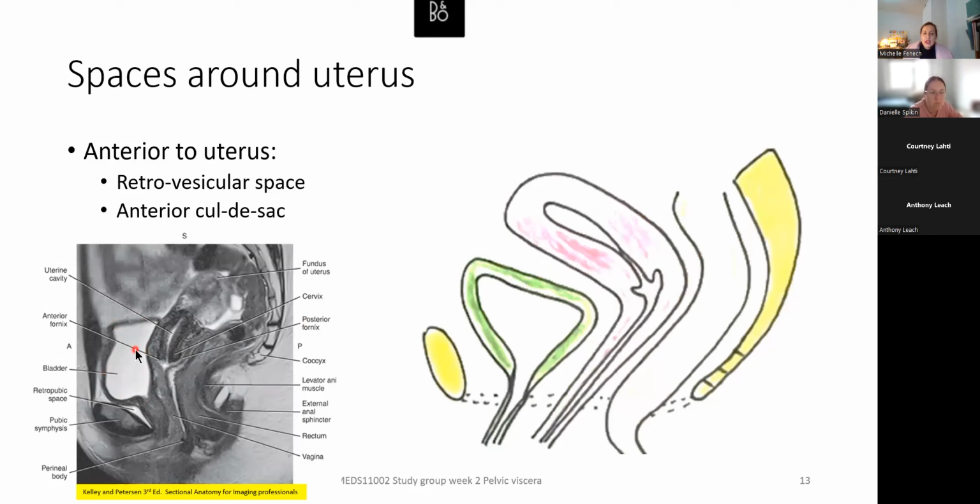And so we could call it the retrovesicular space, meaning posterior to the vesicle that holds urine, the bladder. Or we could call it the anterior cul-de-sac, meaning it's anterior relative to this uterus here. So that would be sitting in this area here, between the bladder and the uterus. Does that make sense?